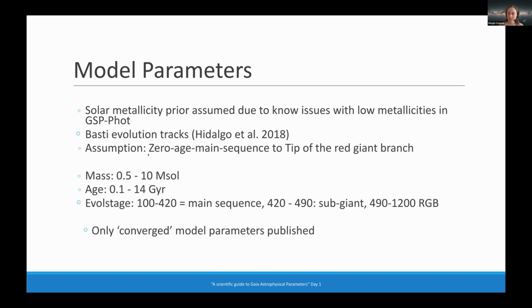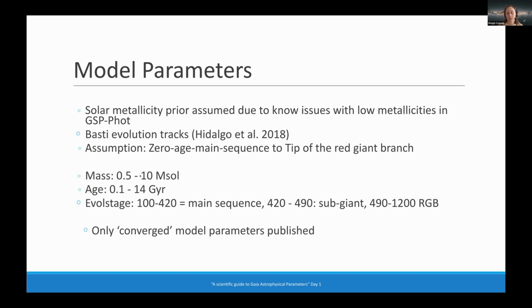And the reason for this assumption is we are using luminosity, temperature, and metallicity. Okay, so there's not a lot more you can do. If you want to look at pre-main sequence and post red giant branch, you need other information to help you decorrelate the properties.